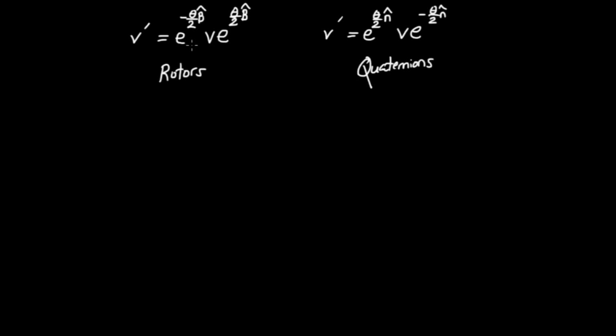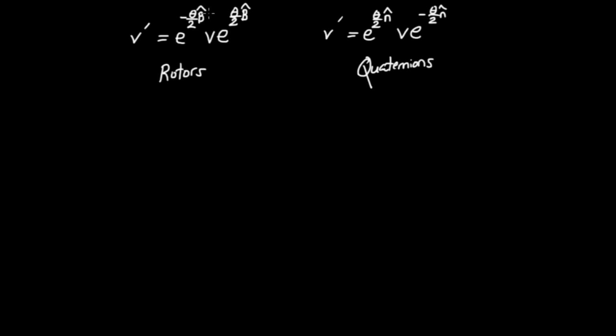Now you can see, in terms of their form, these formulas are quite similar. They're both operating upon a vector in quotes in a two-sided fashion, and the left and the right are conjugates of one another, with the arguments being negated. And I can write these two in a more compact way.